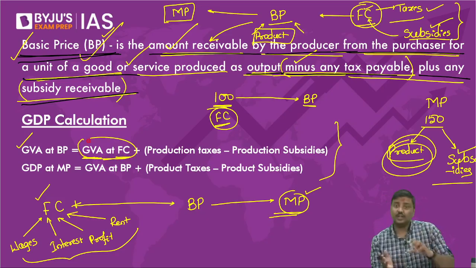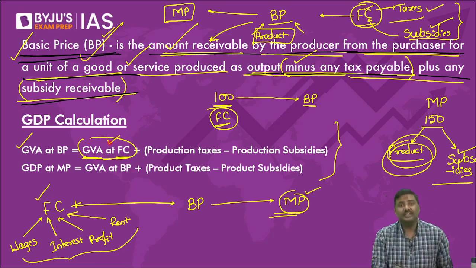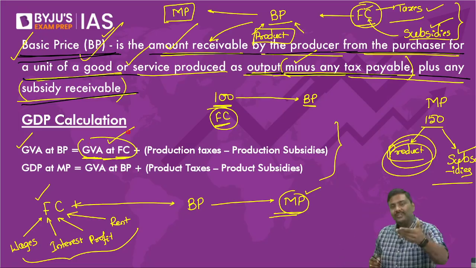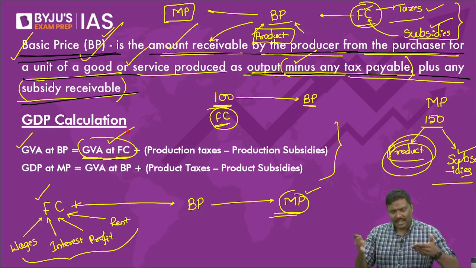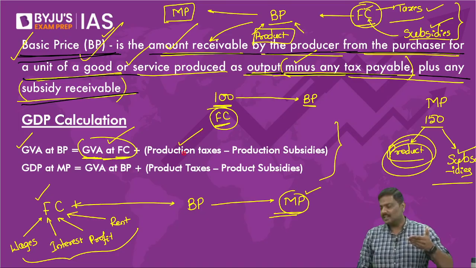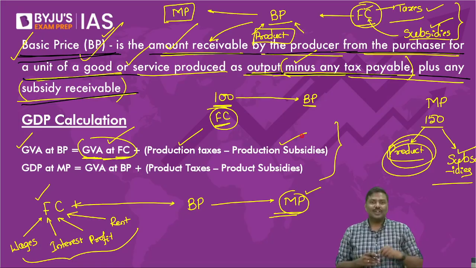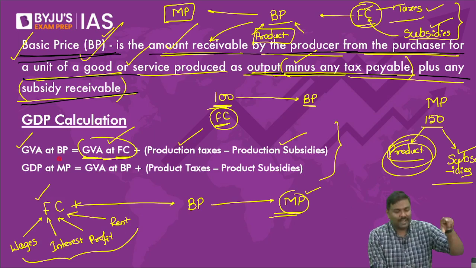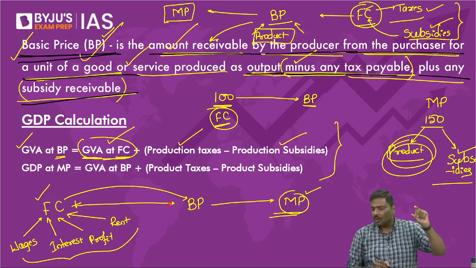Most of you will say, sir, you should have written like this or that. Don't worry. I will start with gross value addition. So, gross value addition at factor cost. Now, to the value addition, I will add production taxes and I will subtract production subsidies. If I do that, what will I get?